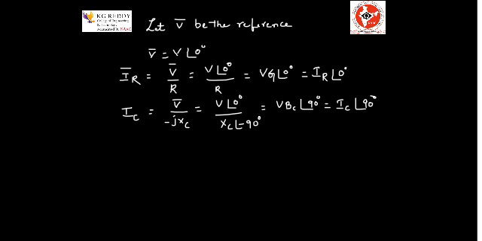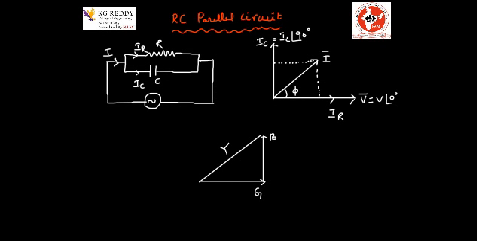Now the total current I. From this circuit, this is one node. At this particular node, consider how the current is adding to give the total current I. This is according to KCL. So remind yourself of the definition of KCL.